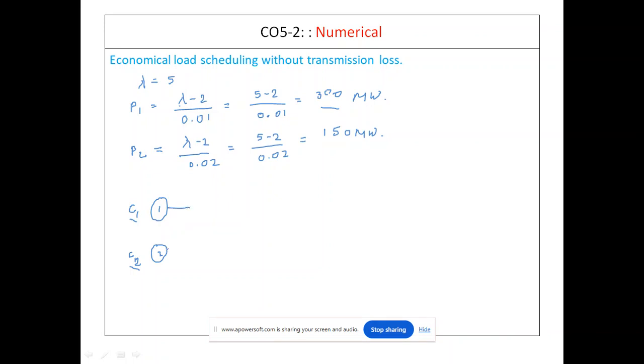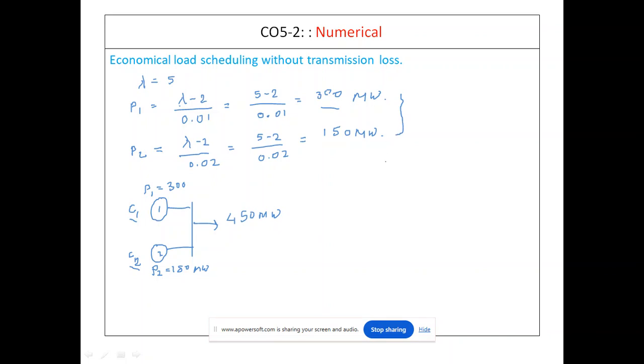These two plants are connected and supply a load of 450 megawatt. Now for economical load scheduling, this plant should generate 300 megawatt and this plant should generate 150 megawatt. Then we can have an economical generation. The generation cost will be minimum. So we have done one part over here, that is, we have found the economical load scheduling.